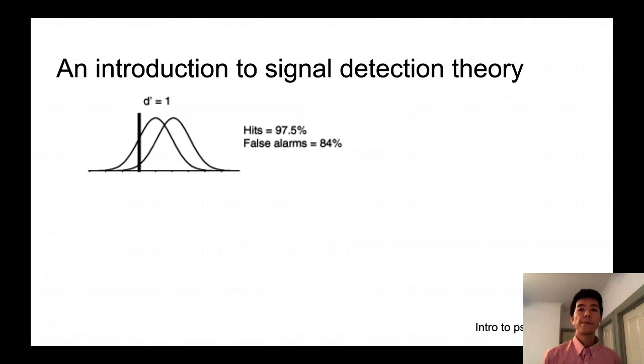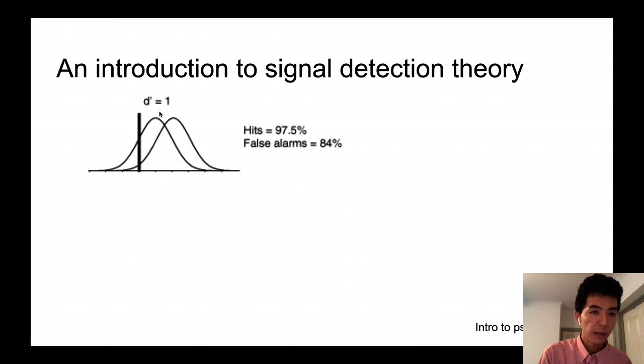And now signal detection theory introduces the probability of hits and false alarms depending on the level of the criterion. If the criterion is shifted to the left, then you are most likely to say yes all the time. You are almost always correct in terms of hits, but you also make a lot of mistakes in terms of false alarms, this side of the mistake.